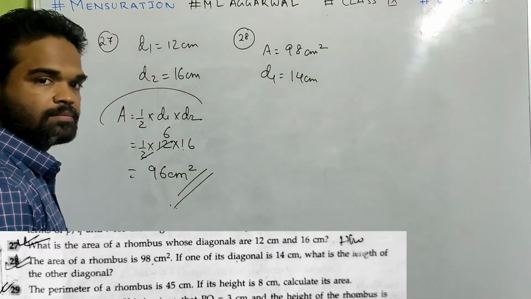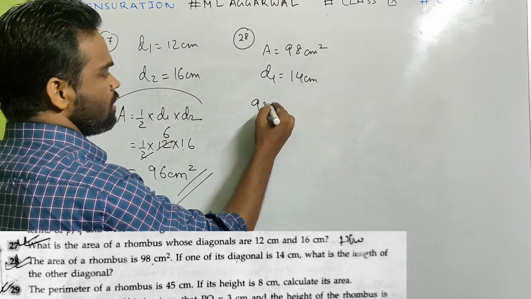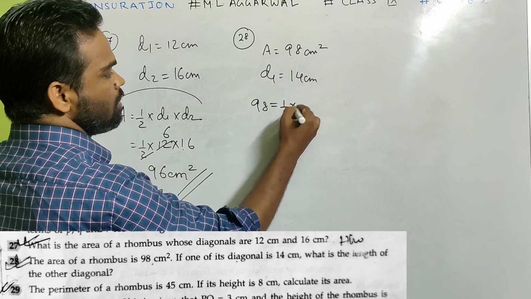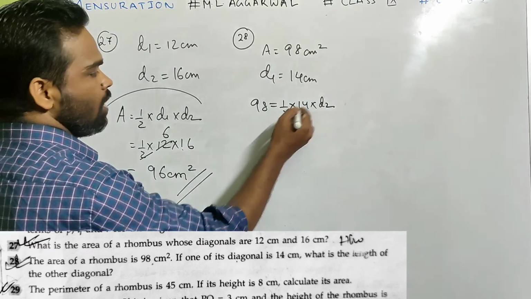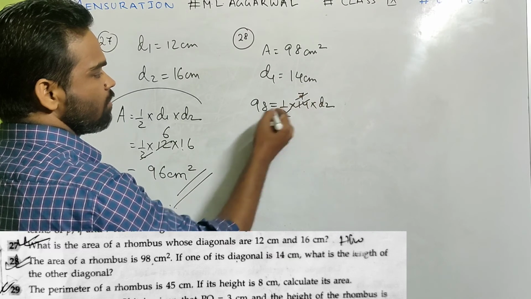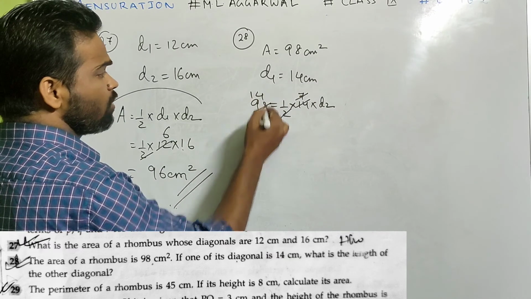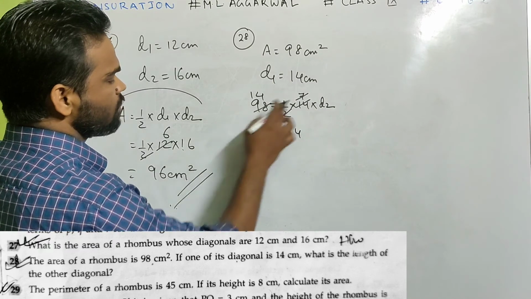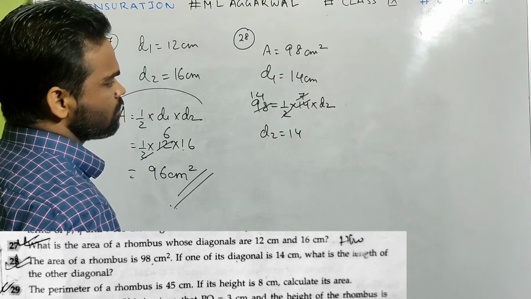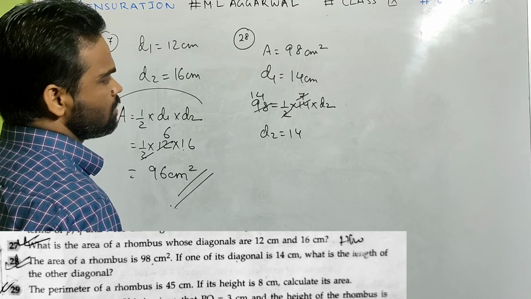We'll use this concept. Area equals half D1 into D2. Just now we did 2 1s are 2, 2 7s are 14, 7 1s are 7, 7 14s. So D2 is 14, isn't it? 4 ones are 7 ones are 7, then 7 4s are 28. Yeah.